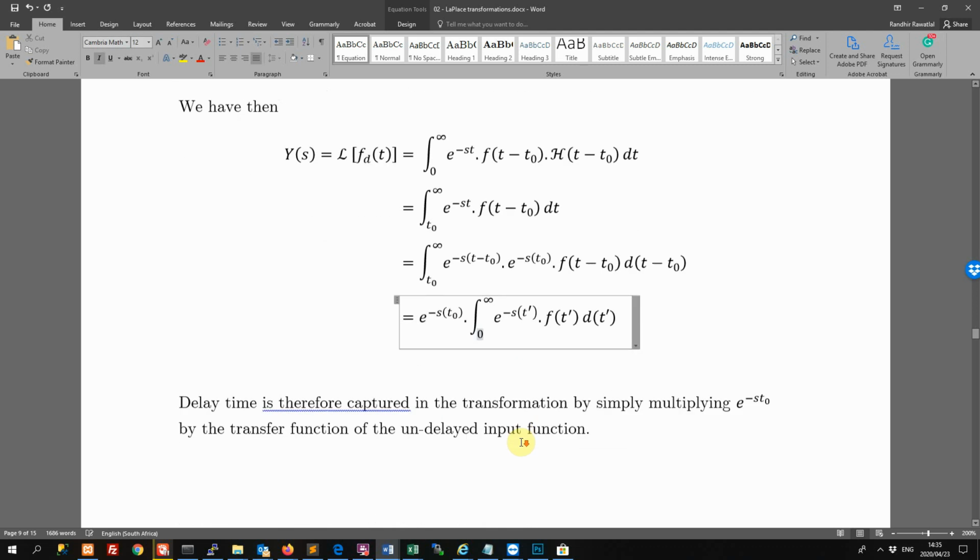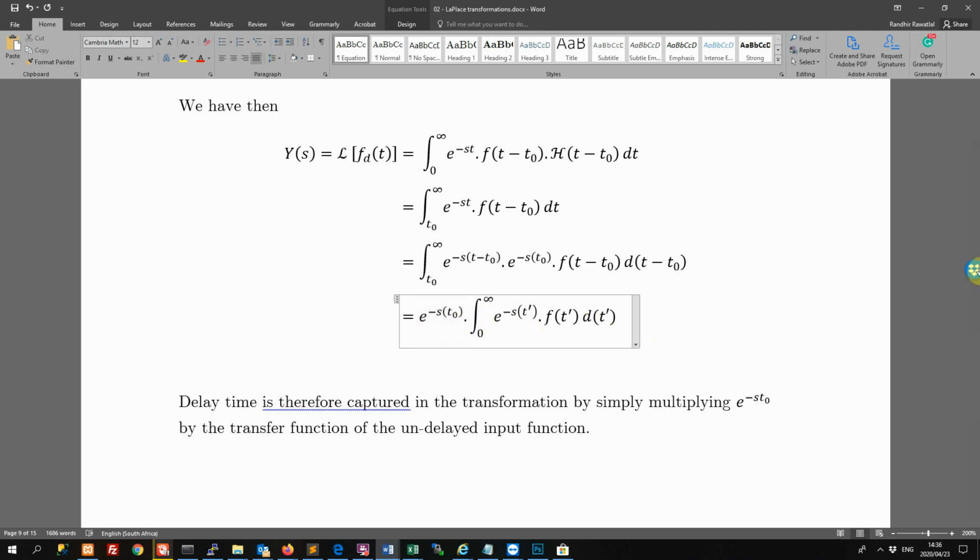And so if we examine this, this is now a Laplace transform, right? It's the integral from 0 to infinity. It's in a new variable, but it's just a change of variable. So this is the Laplace transform of the function without shifting time. And so the impact of a time shifted function is simply an exponential in t naught times the Laplace transform of that function.